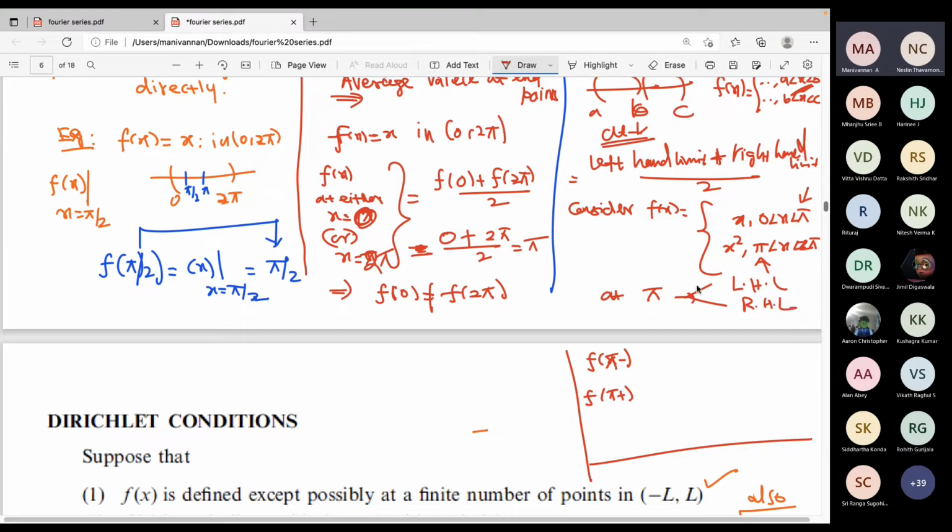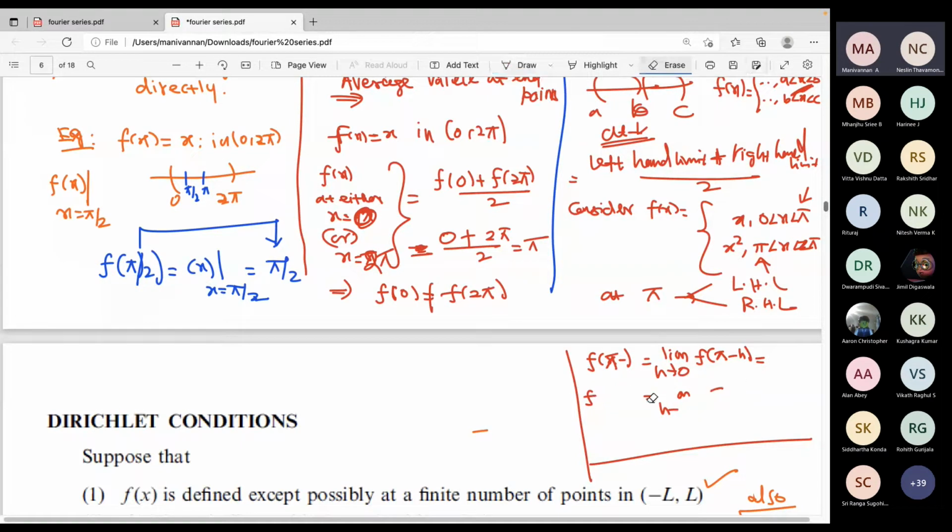The formula for f of pi minus is limit h tends to 0 of f of pi minus h. For f of pi plus, it is pi plus h. What is my function in the left hand side of this interval? It is x. Am I right? So this is x.